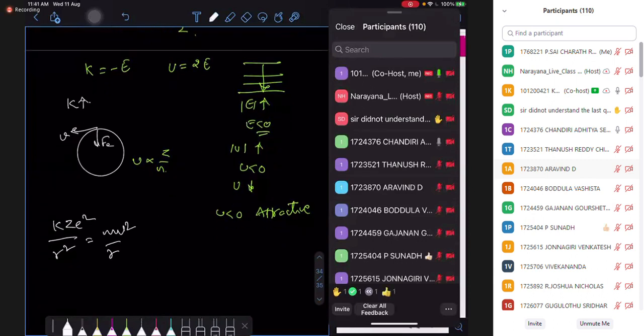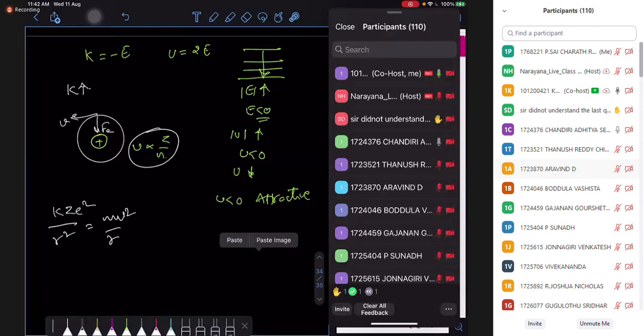So speed increases, and it is inversely proportional to r. If you understand logically, speed is more near the nucleus. If you have less speed near the nucleus, the nucleus will collapse you. So you have to run faster near the nucleus. So speed is required more, so my kinetic energy is going to be more, right? Speed increases as n decreases, so kinetic energy increases as n decreases.